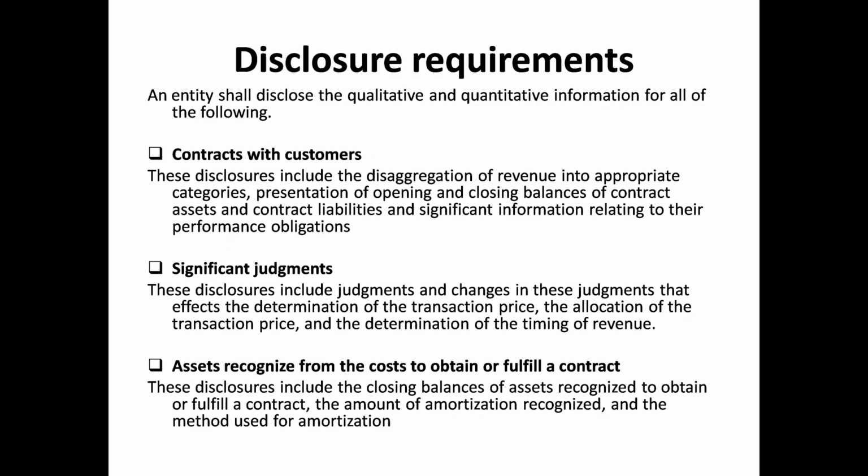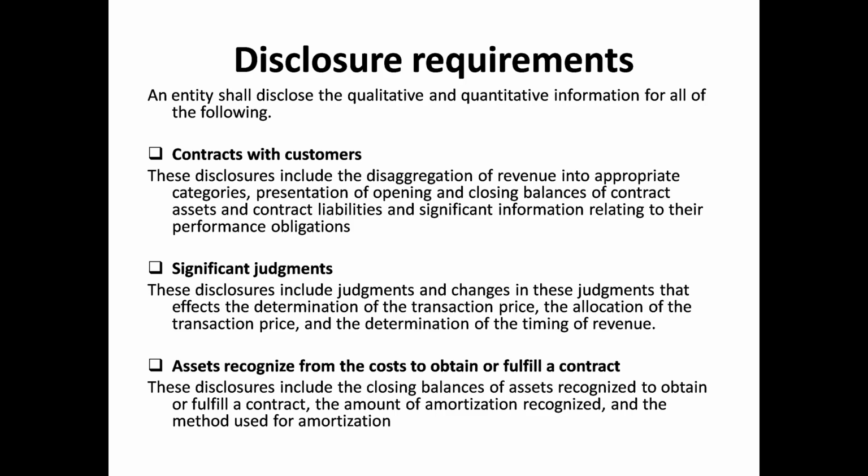Disclosure requirements. An entity shall disclose the qualitative and quantitative information for all of the following. First part, contracts with customers. These disclosures include the disaggregation of revenue into appropriate categories, presentation of opening and closing balances of contract assets and contract liabilities, and significant information relating to their performance obligations.